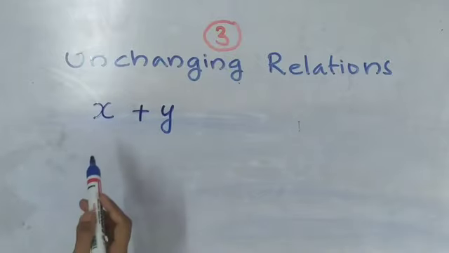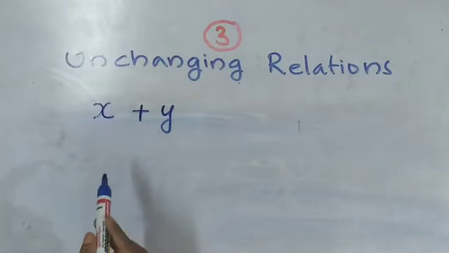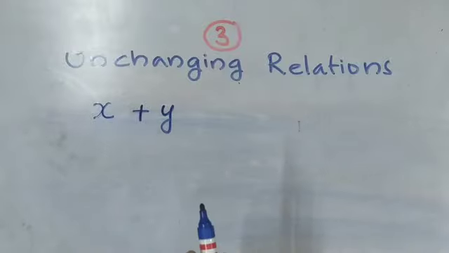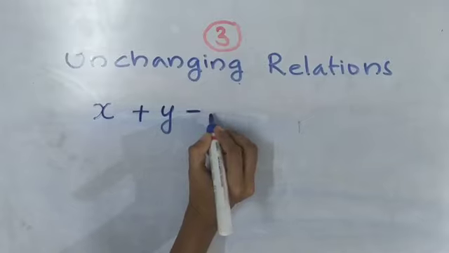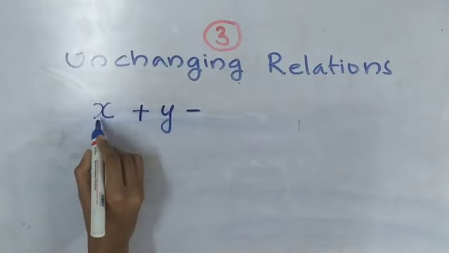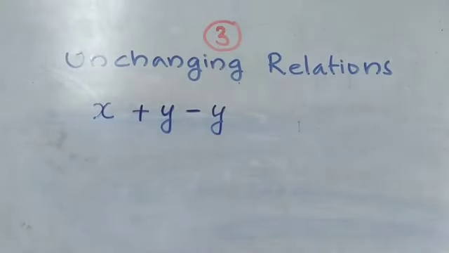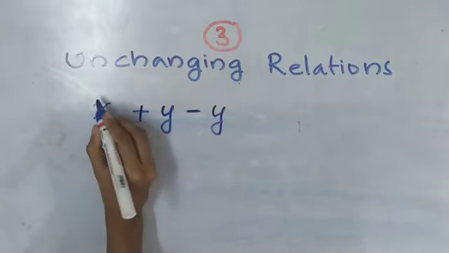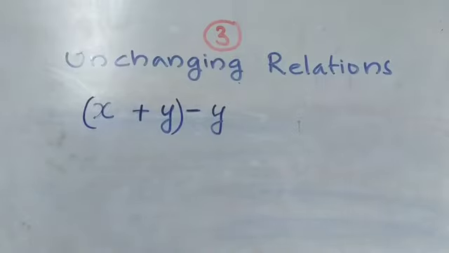So a number, and I added one another number to that. Now I am going to subtract the added number. What is the added number? y is the added number to x. So I am going to subtract the added number again. So I added these numbers. Now I am going to subtract these numbers.